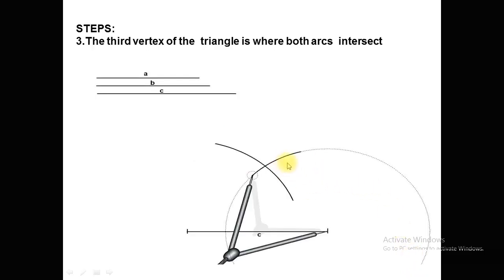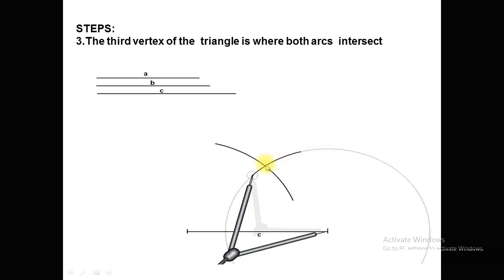You see over here. So first of all, open the compass about the length of side B and put the compass at this point, draw this arc, and then open the compass about the length of side A and put the compass at this point, draw another arc.